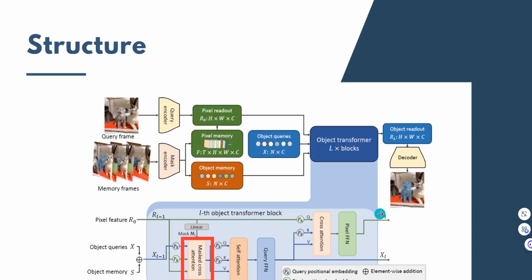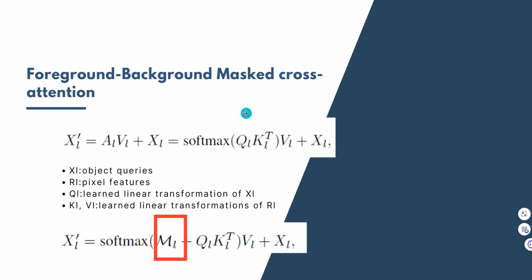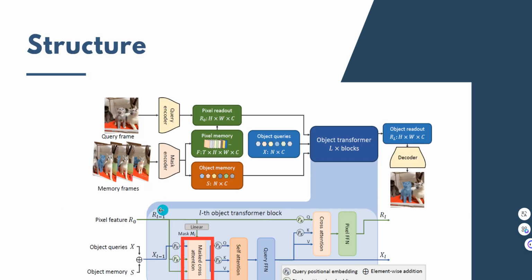Okay, and the next part is the mask cross attention structure. It's very important because the mask cross attention is used to determine whether this pixel or object is classified as foreground or background. The formula above is based on the standard cross attention, where XL is the object queries and RL is the pixel features, which are here and here.